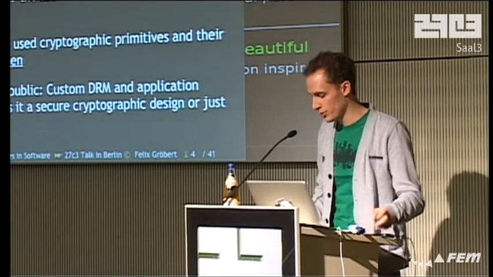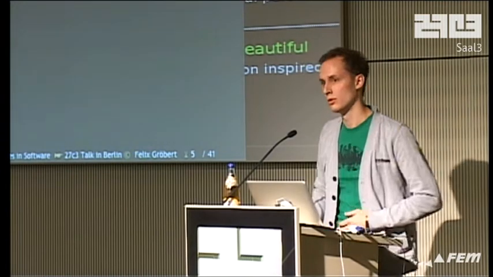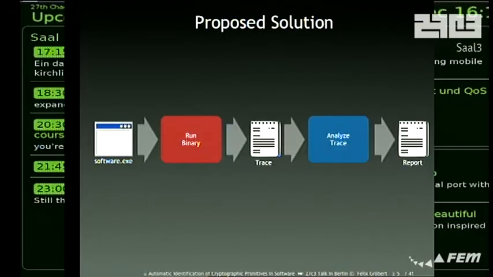My proposed solution is a two-phase approach. First, you run your target binary and generate a trace file which contains instructions and memory. Then you analyze this trace file and generate a report on what kind of crypto has been used.